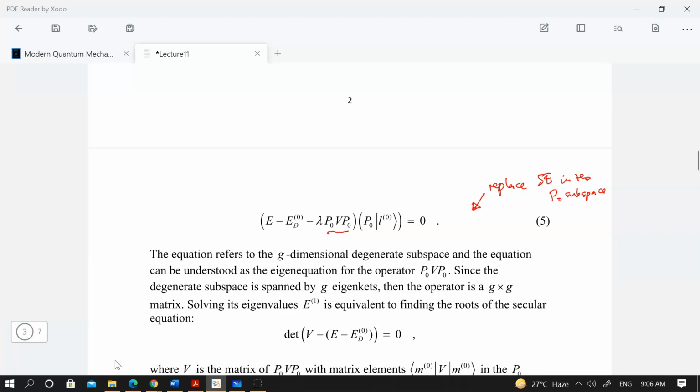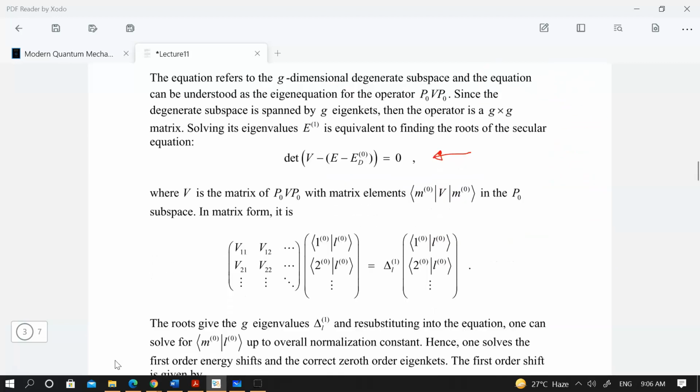You want somehow to solve this equation in such a way that you get to the other basis. So you get to the other basis by solving your secular equation.